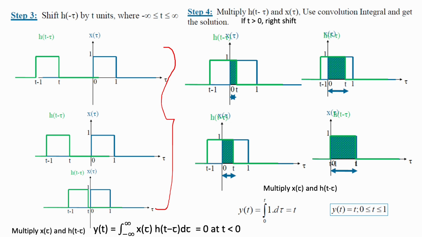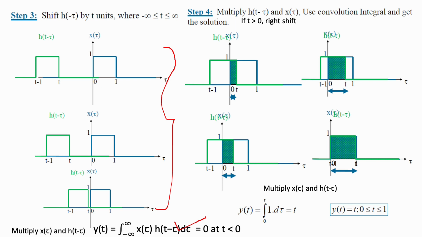The t is moved towards right, but the t can be placed at the negative side. Got it? You look at the three waveforms. There is no common portion between the green signal and the blue signal, so the product will be 0. That is given here: at t less than 0, the product will be 0. This means no common portion between x of tau and h of t minus tau.